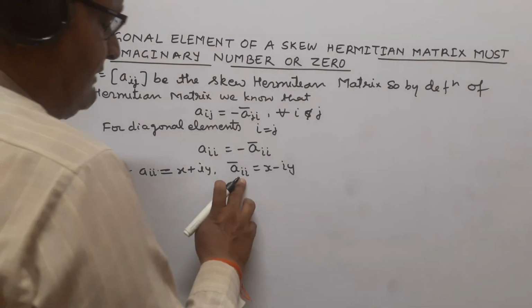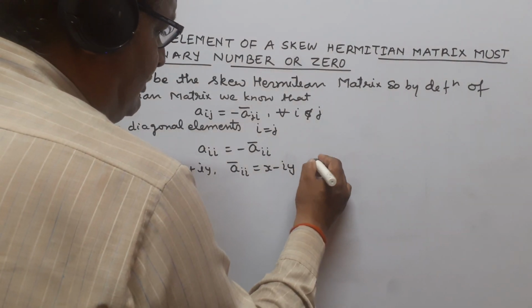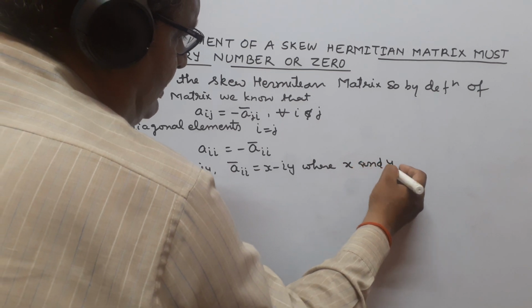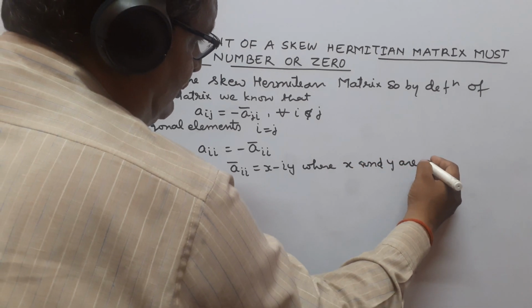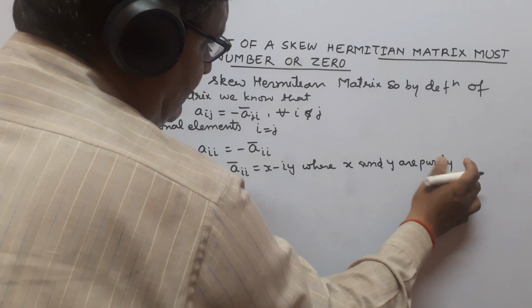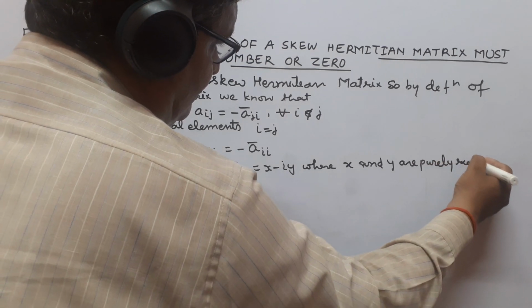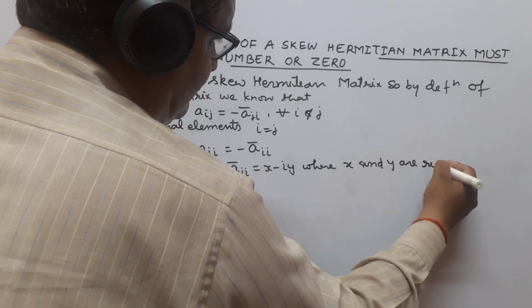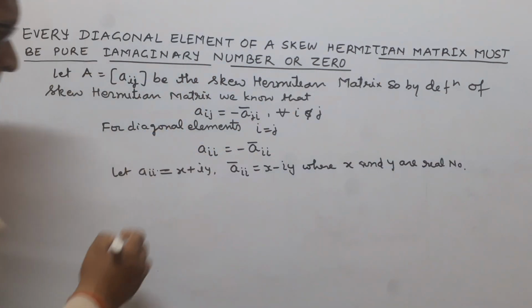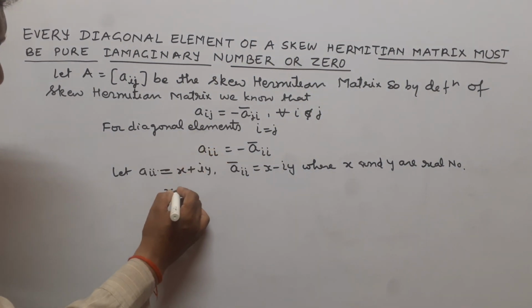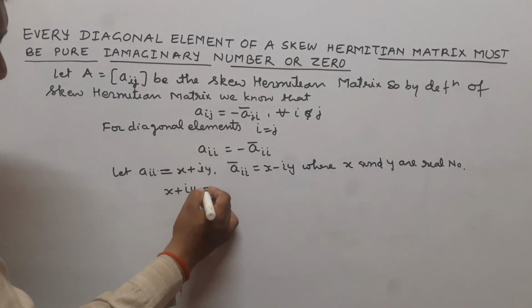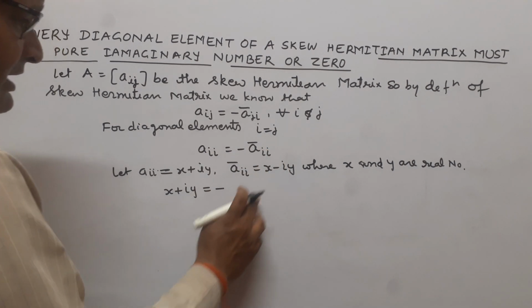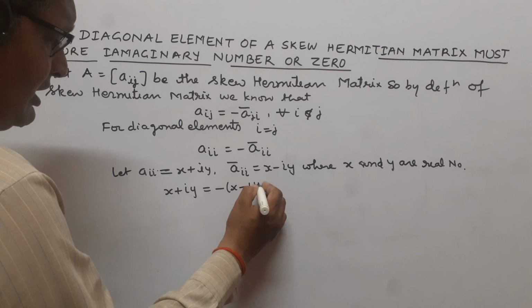So the conjugate of aii is x minus iy, where x and y are real numbers. Now we put here aii equal to x plus iy, and in place of the conjugate of aii, x minus iy.